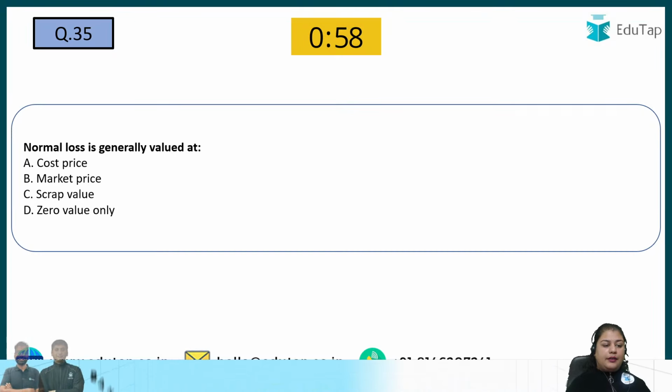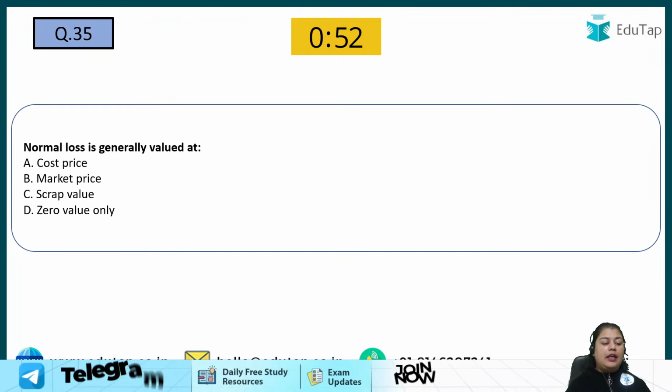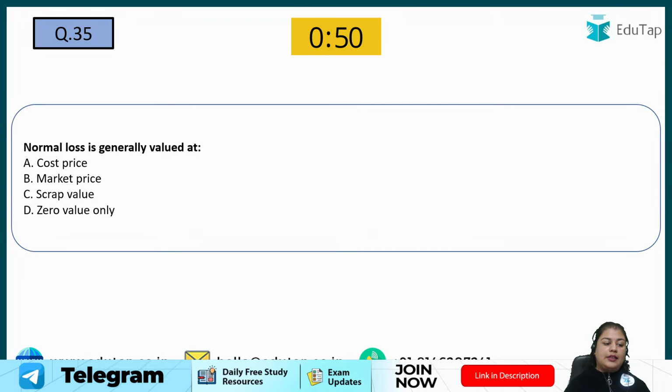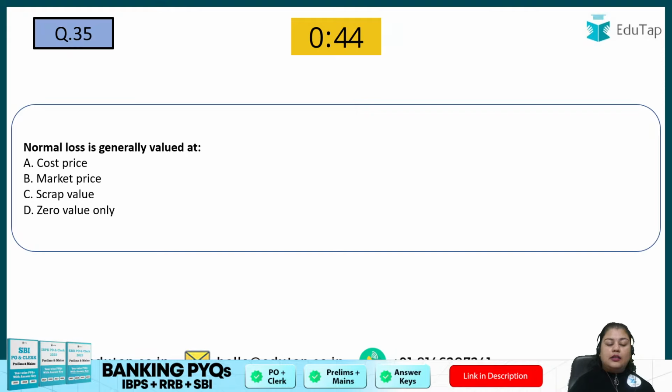Next, question number 35. Normal loss is generally valued at cost price, market price, scrap value or zero value only. Everybody has answered it correctly.